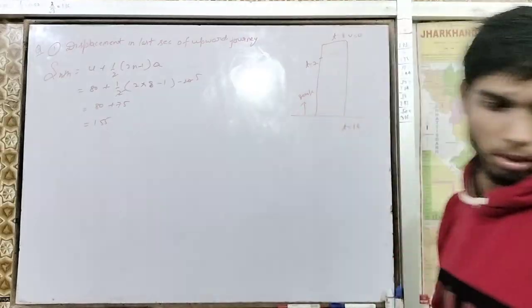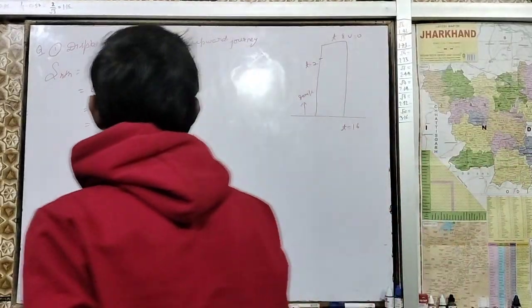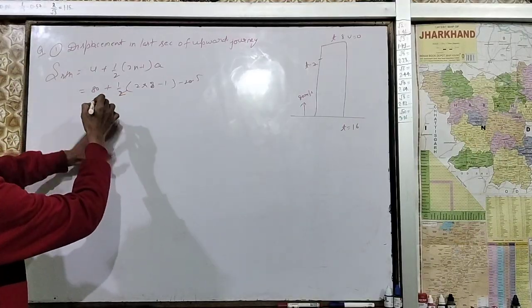But I can say this is wrong. Here remember one thing, you can see over here, 80 plus, so this is minus 75. 80 minus 75 is 5.